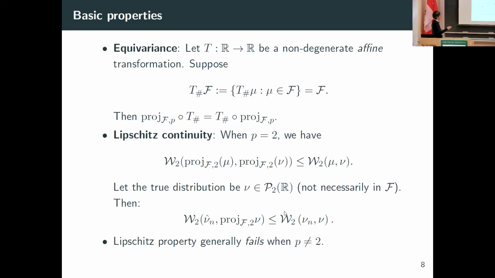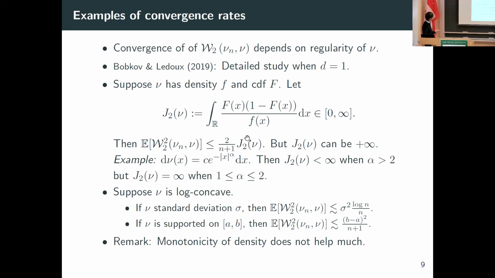The second consequence is that because the right-hand side is simply the Wasserstein distance between the empirical distribution and the true distribution, there are a lot of results we can directly apply to get finite-sample properties. I will show you a few examples. As I said, we simply have to consider the properties of the W2 distance between the empirical and the true distributions. The convergence behavior depends in general on the regularity of the true distribution.